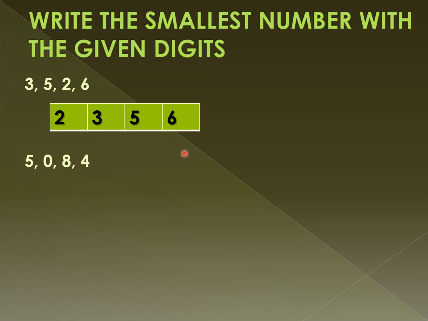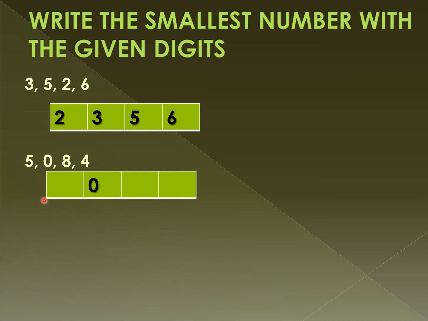Let's look at another example. The digits are 5084. In this case, we have a 0. So what do we do? We place the 0 in the second position from the left.